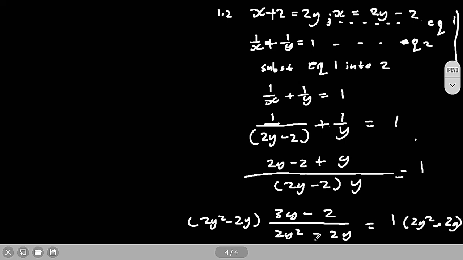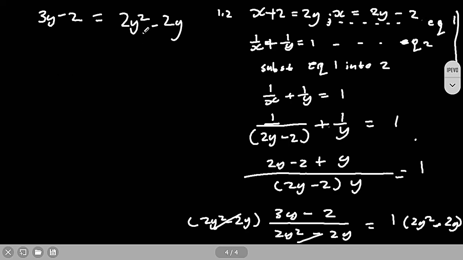Lots of space here. So this and this will cancel. We'll be left with this and this. So now it's 3y minus 2 times 2y minus 2 equals to 1 times this, it's this. 1 times 2y squared minus 2y is that. So the answer will be 2y squared minus 2y.